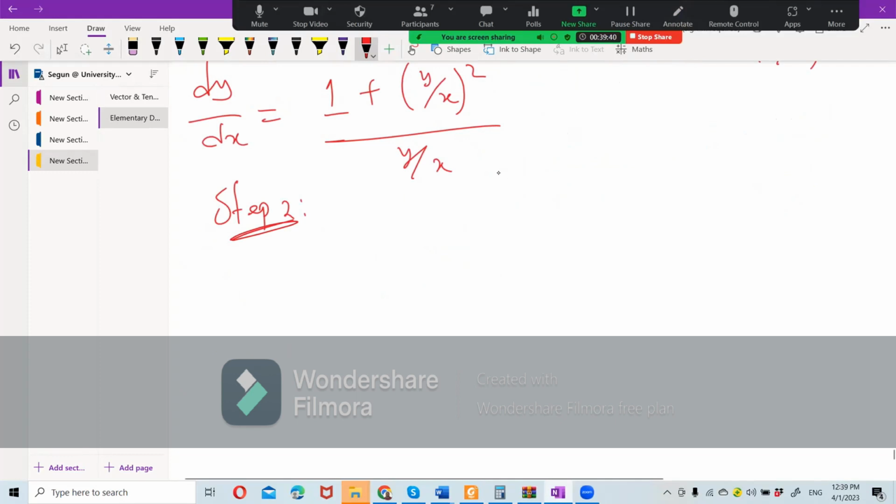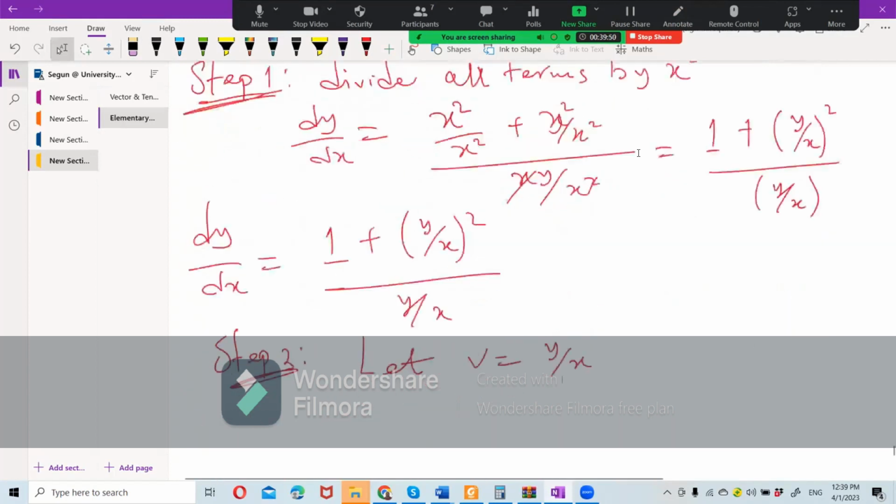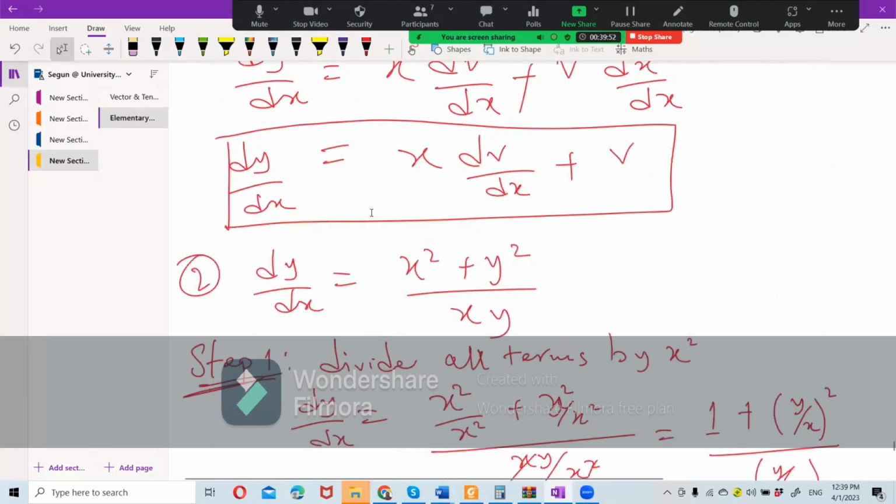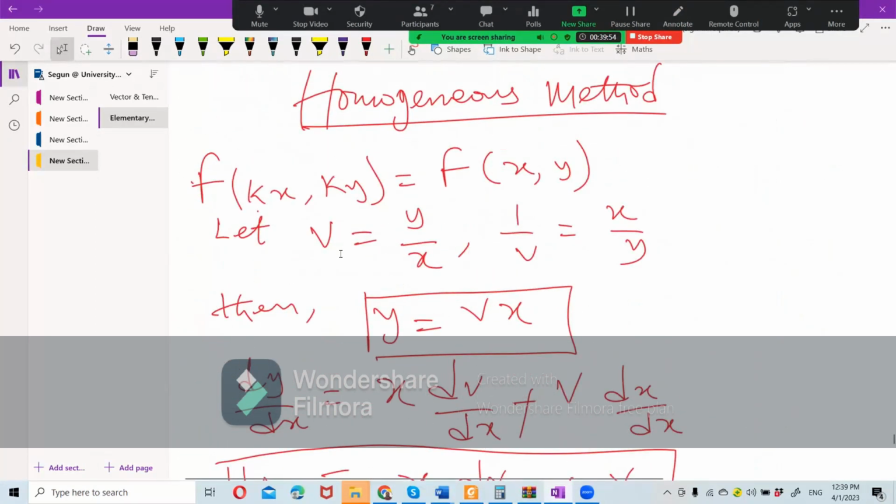Let's look at step 2. We let v equals y over x. Remember, we have it here from day 1: v equals y over x.